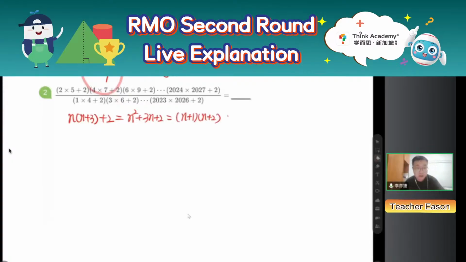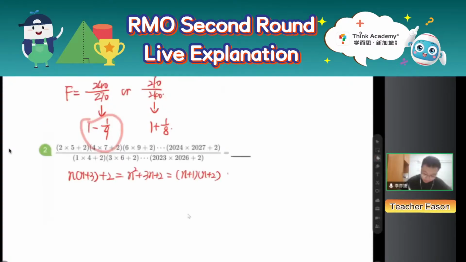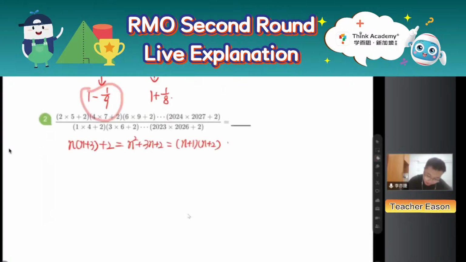A basic factorization. So the first term's denominator is 3 times 4. The second term, 4 plus 1 is 5, so 5 times 6. And all the way to 2024 plus 1, 2025 times 2026.